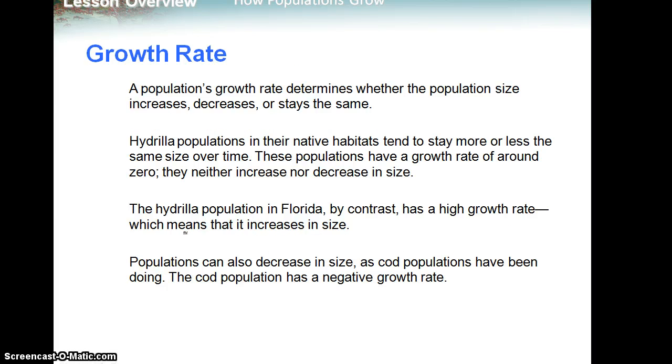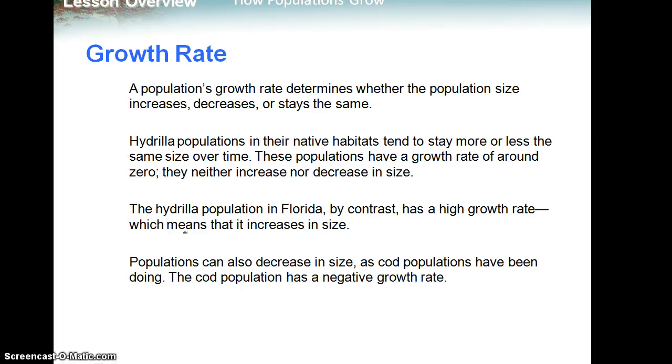We also want to talk about a population's growth rate. Population size can increase and decrease or even stay the same. So for the hydrilla, their populations in their native habitat tend to stay more or less the same over time.